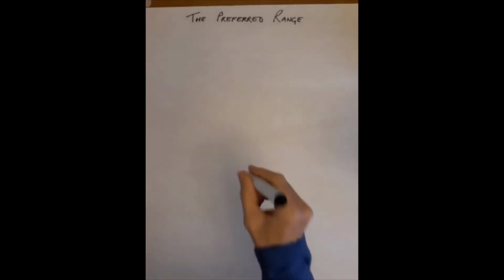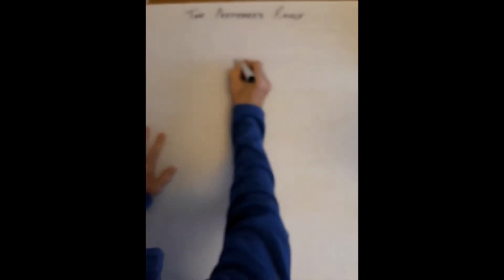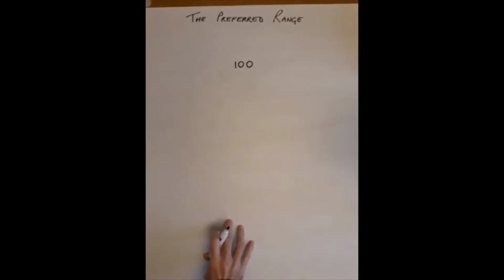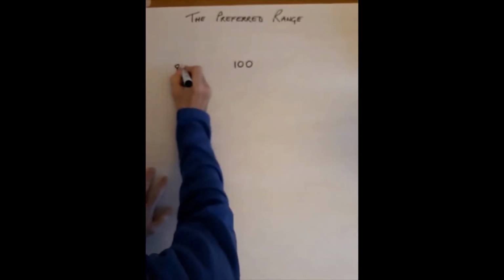I'm going to take a nominal value. Let's suppose we have a 100 ohm resistor. If we work with the 10% range, then the next value down from that is 82, and the next value up from that will be 120 ohms.